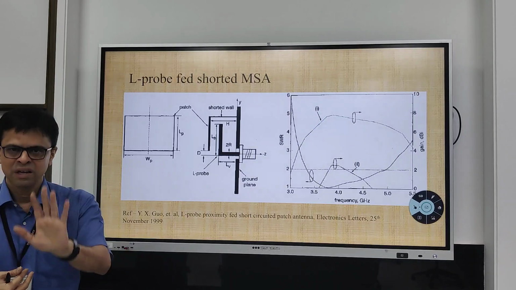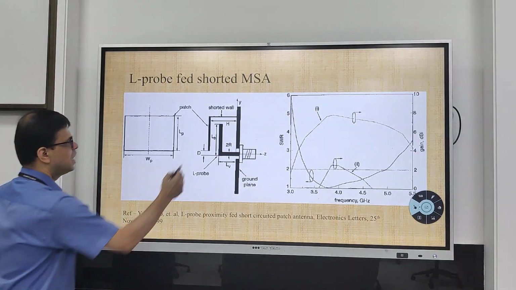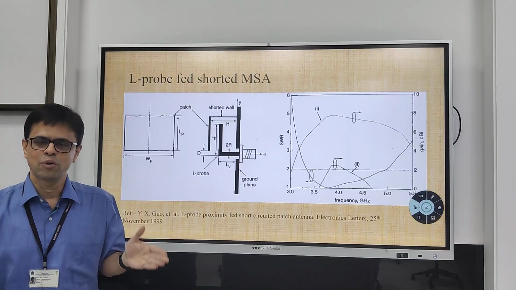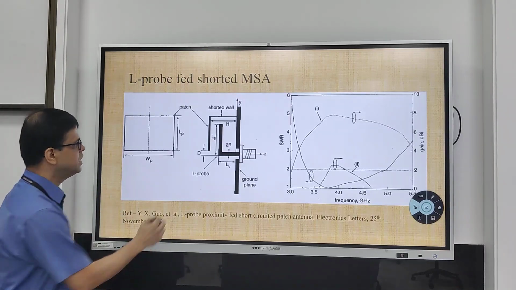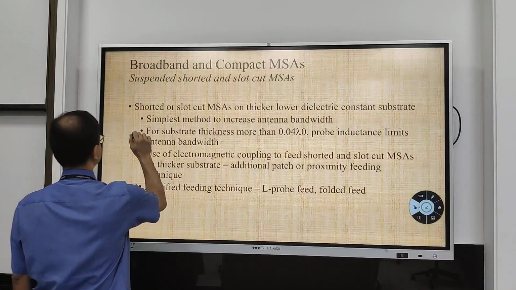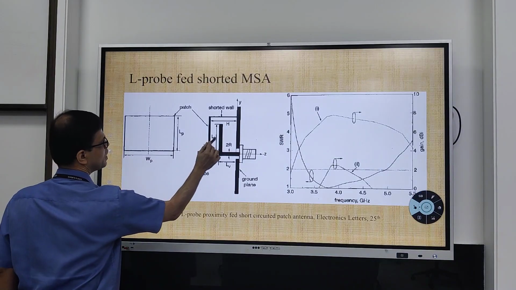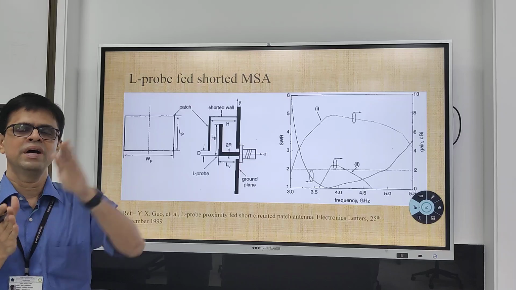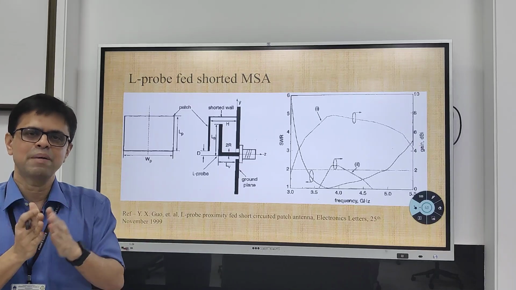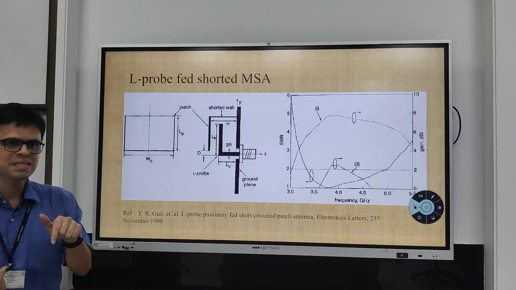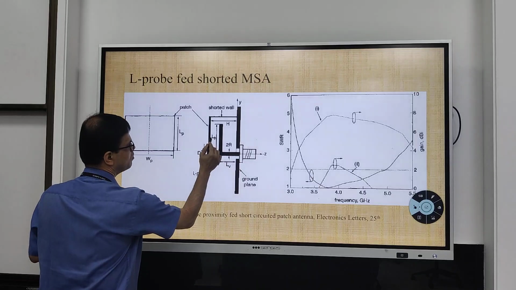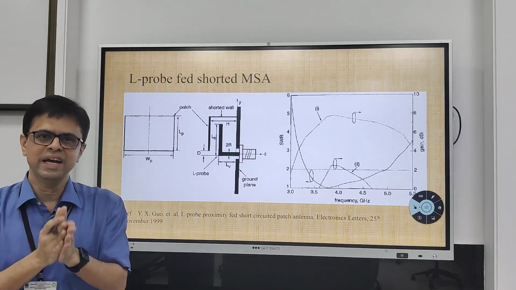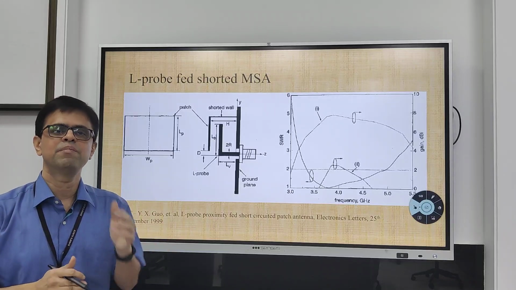But by using a modified feeding technique like an L probe feed, you are reducing the probe inductance. It provides an electromagnetic coupling between the L probe section, the horizontal section of the L probe, and the shorted patch, and that gap coupling increases the bandwidth, plus this capacitance which is formed between the L probe and the patch negates the inductance of the feeding probe.